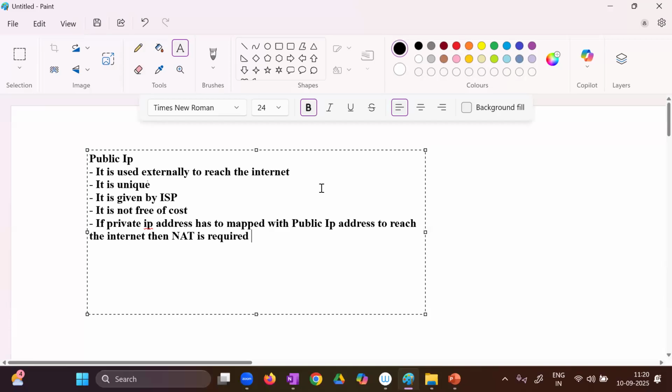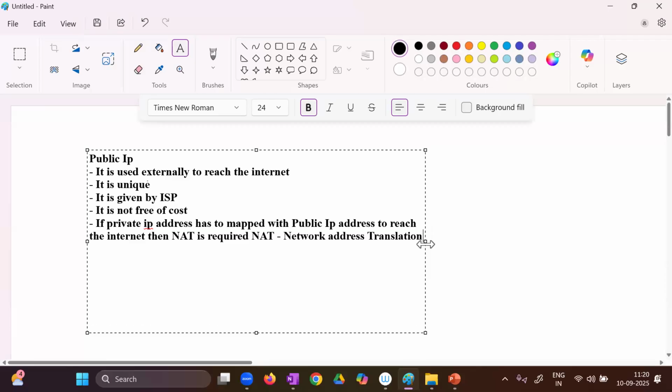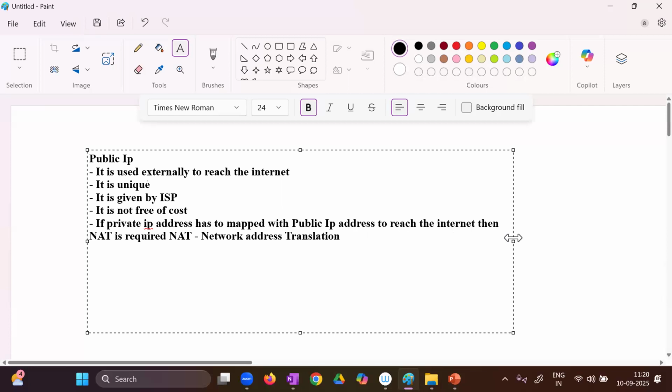What is NAT? Network address translation. It means that just with the help of public IP addresses, we cannot reach the internet, right? One more thing is required, that is called network address translation.